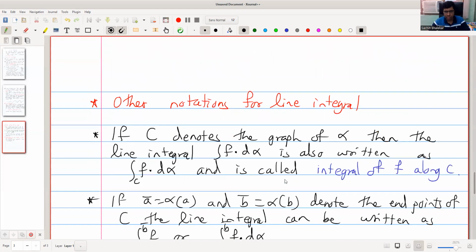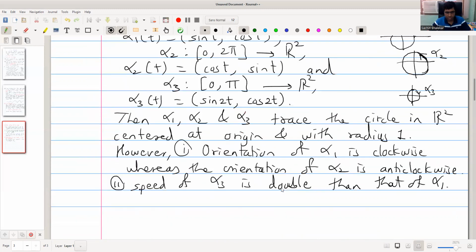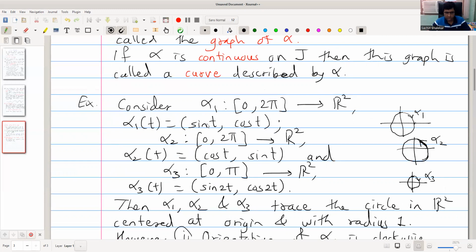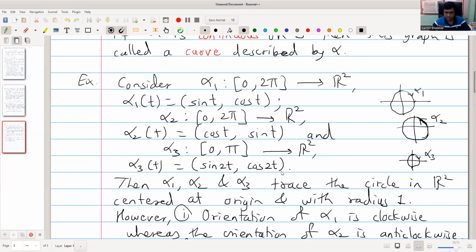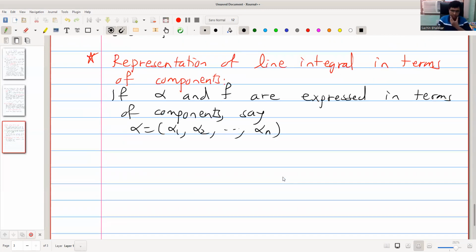In our example, the components of this curve are sin t and cos t, and for the second it is cos t and sin t. These are component functions. And the components of f are f1, f2, and so on, fn.